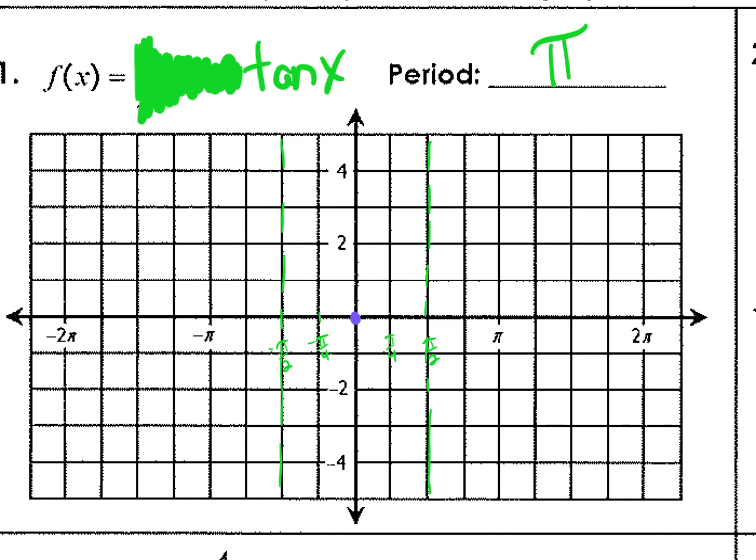So our midpoint is right at the origin for tangent, and at pi over 4, we're up at 1, that's critical point, and at negative pi over 4, we're at negative 1. So those are our 3 critical points. And then this one goes up to the right and down to the left.